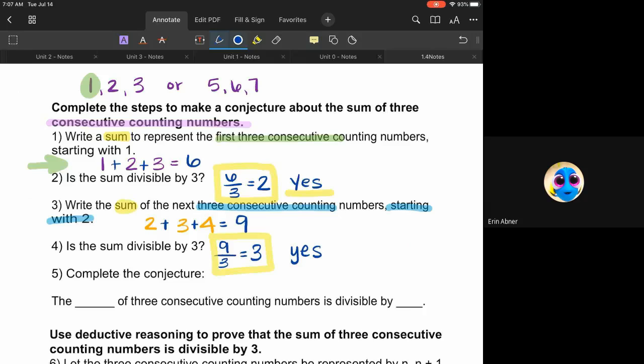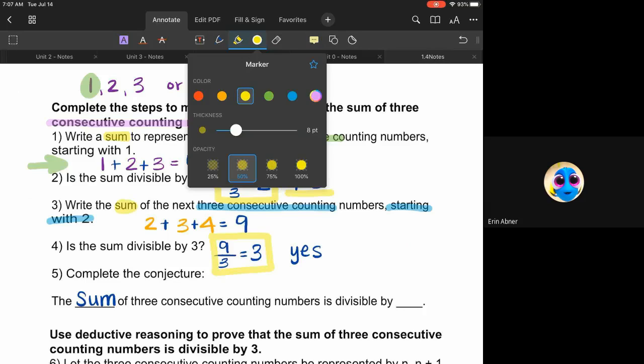Okay, now it says complete the conjecture. So the blank of 3 consecutive numbers is divisible by blank. Well, the sum, remember, our 2 yellows were sum, so the sum of 3 consecutive counting numbers is divisible by, well, what number were we dividing by? Let's go back and look.